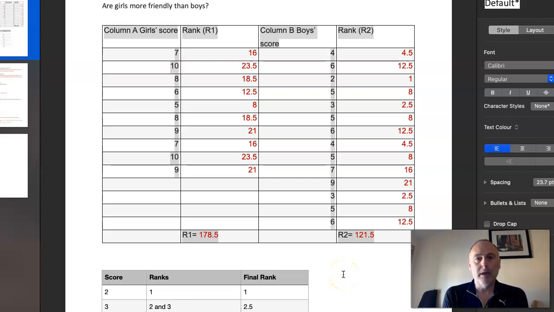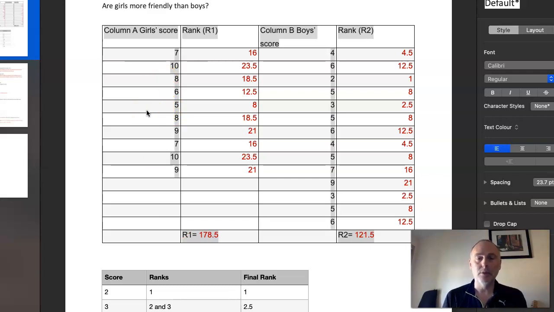Right, the big problem with the Mann-Whitney U-test is it's a real fiddly little devil, and you have to do ranking again, just like you do with Spearman's rank and Wilcoxon, etc. But in this particular situation, you're going to use all of the data, all these black numbers taken as one giant data set.